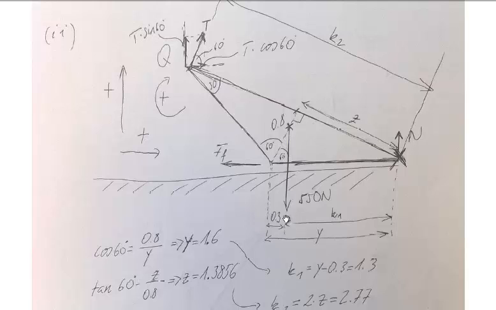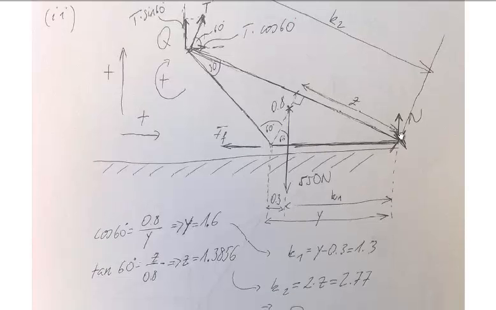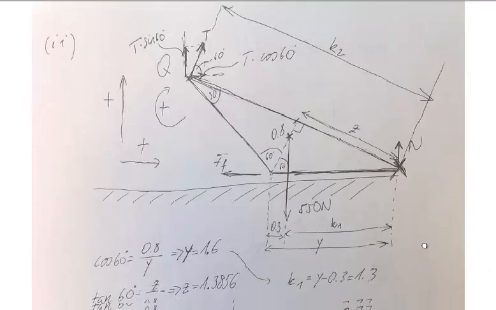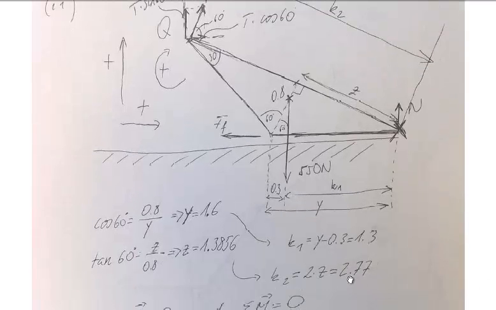And before we have calculated this, so k1 is equal to y minus 0.3, so it's 1.3, and k2 times z, it's equal to 2.77.